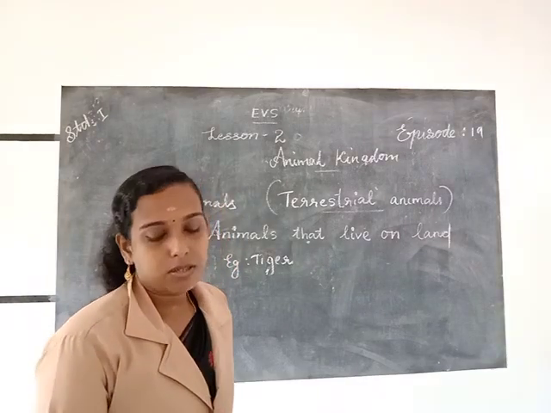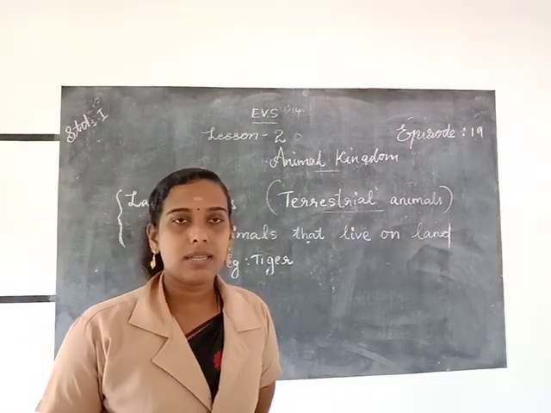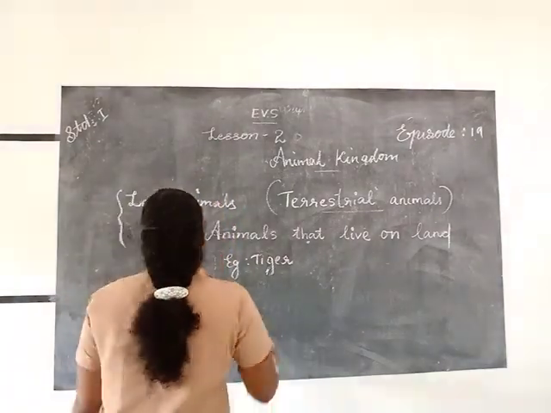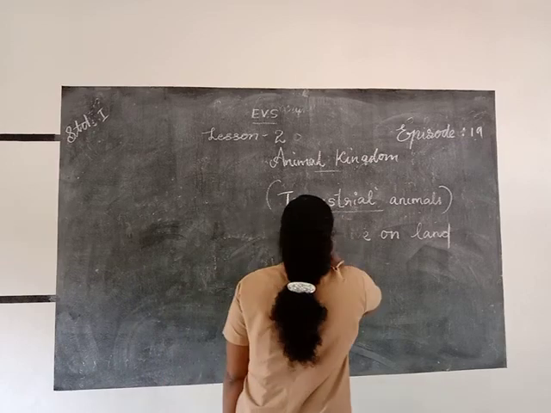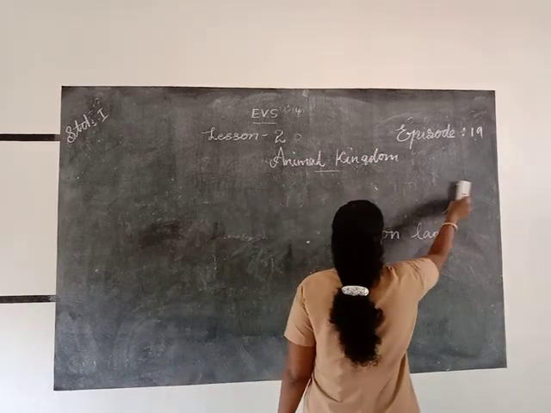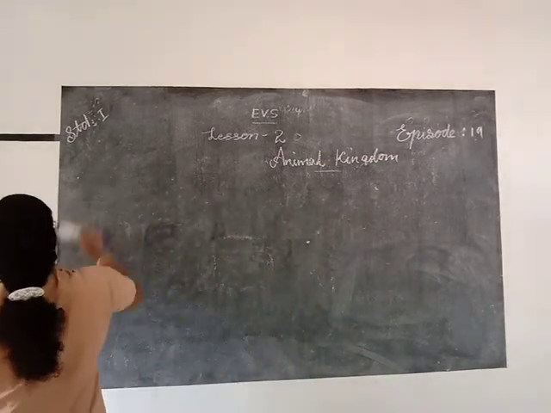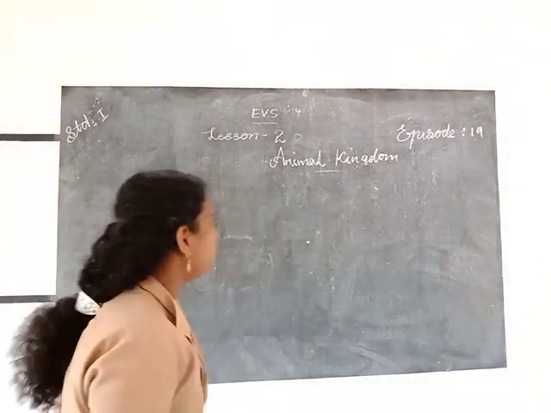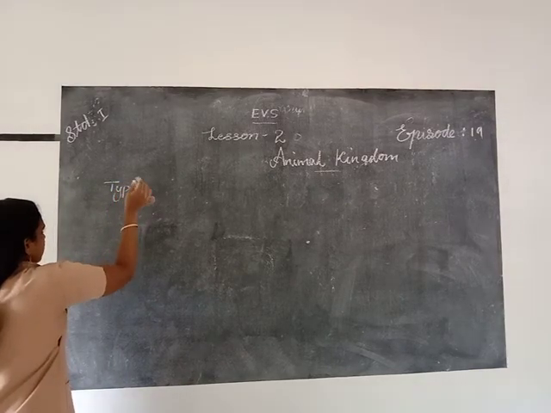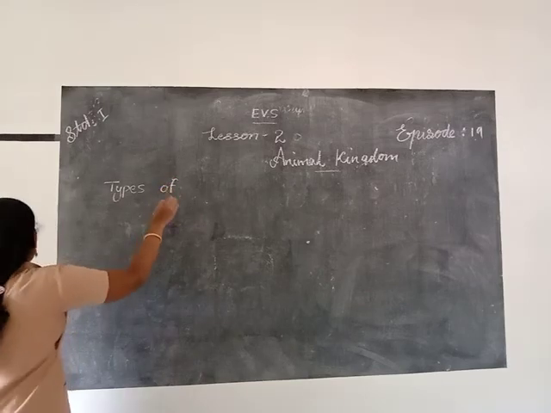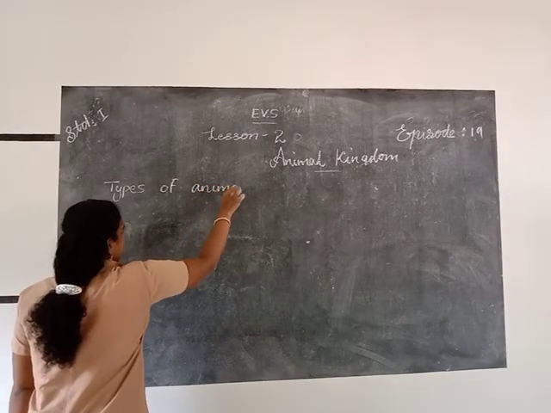Then the next topic is types of animals. There are many types of animals that live on land. So let's see the types of terrestrial or land animals. T-Y-P-E-S, types, O-F, of, animals, A-N-I-M-A-L-S.